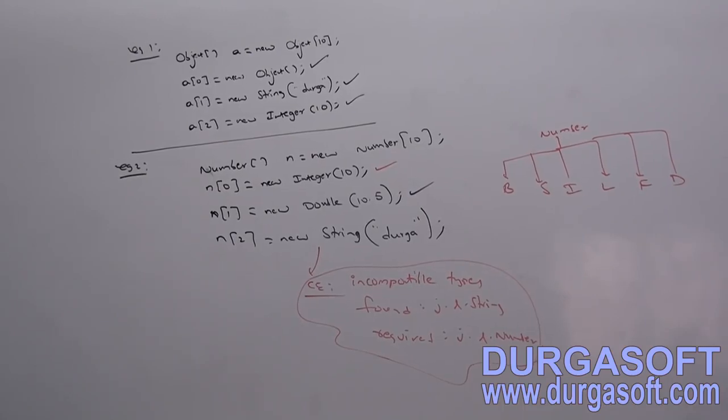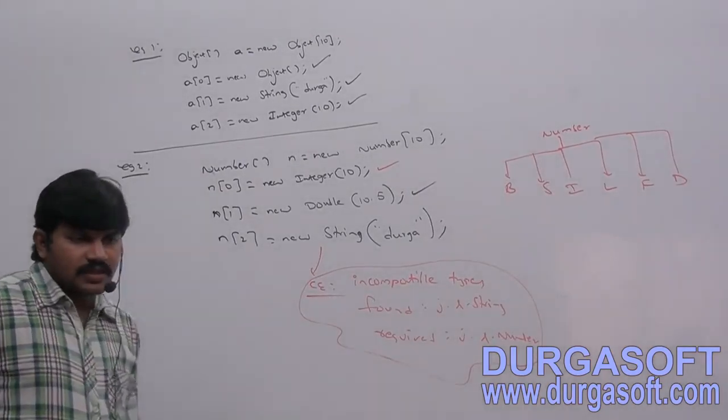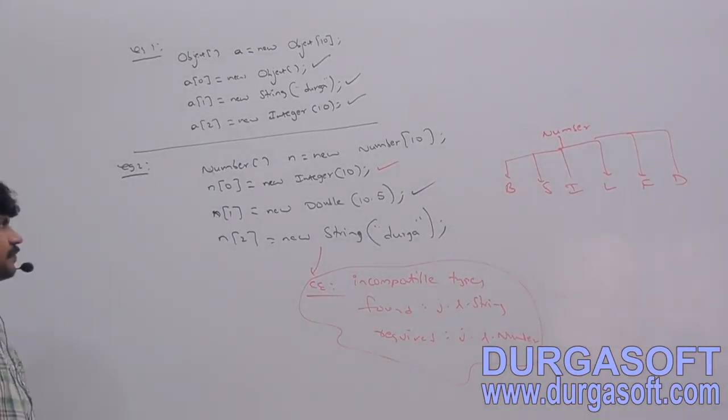Next, example 2. Number array n is equal to new number array of 10.